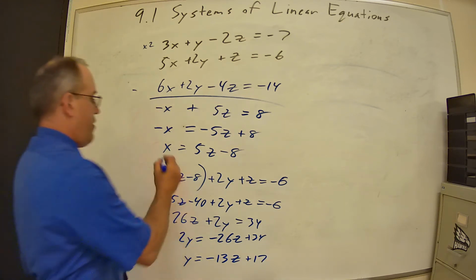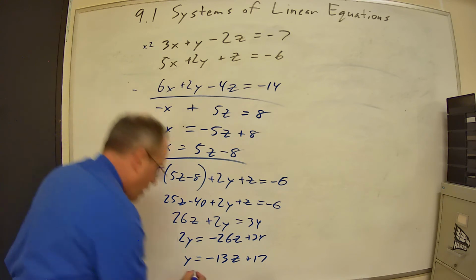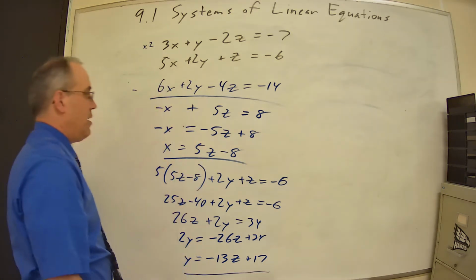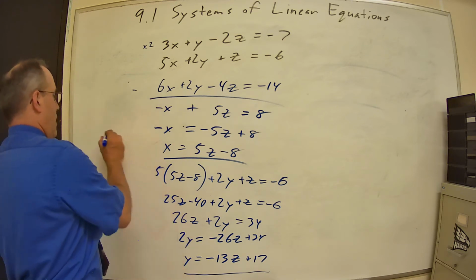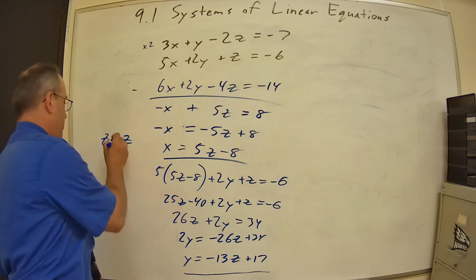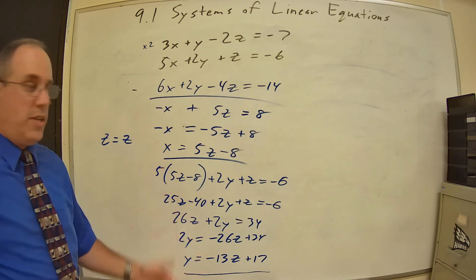So I now have x in terms of z, I have y in terms of z, and we should know, or it should be obvious, that z is equal to z. So I have z in terms of z.